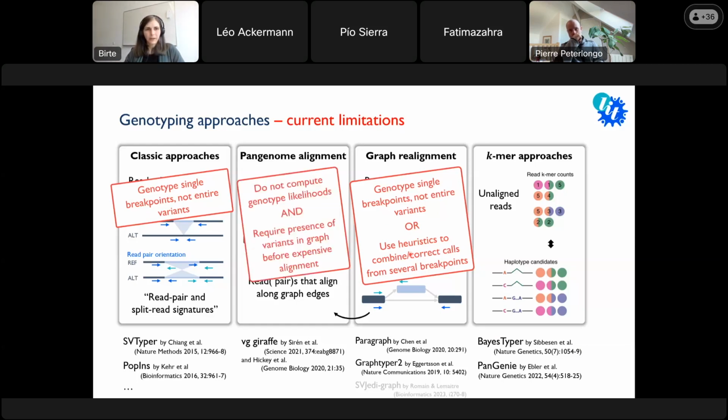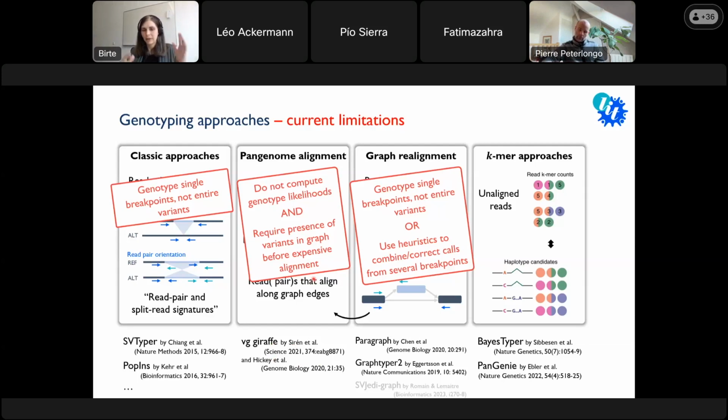The pangenome alignment methods, as far as I understand, and you may correct me if I'm wrong, do not compute likelihoods so far. At least the ones that I looked at don't, which is something that should definitely be added if this should be used in downstream analyses. And the bigger drawback is that it requires the presence of the variants in the graph before the expensive alignment.